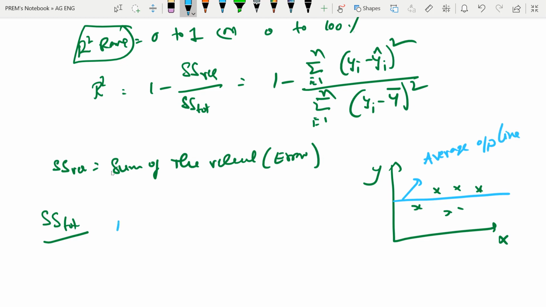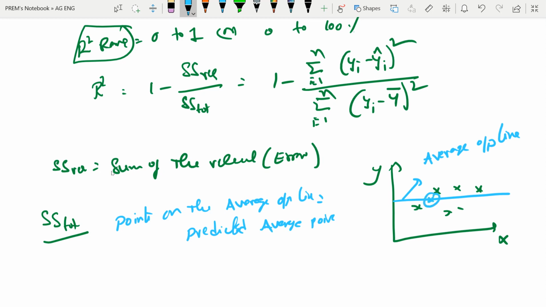The points on the average output line are the predicted average points. The points outside the average output line are the actual points, that is, the yi.